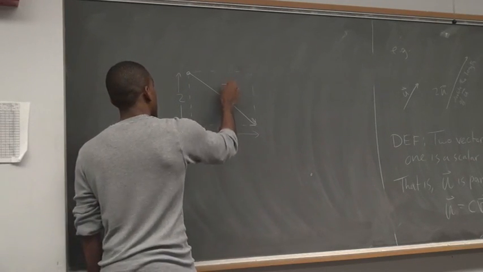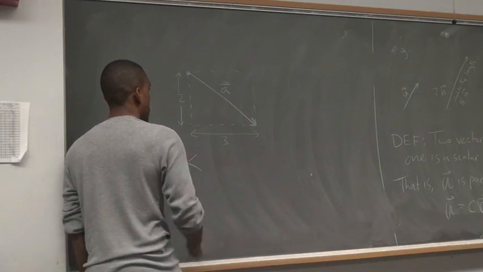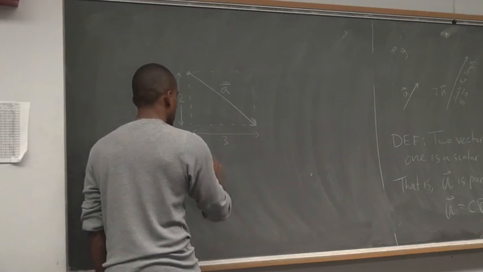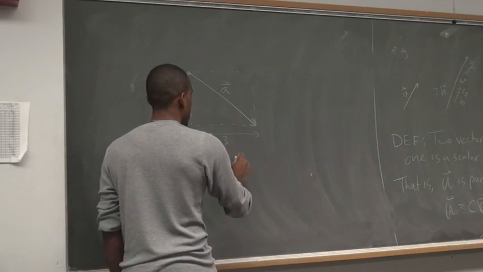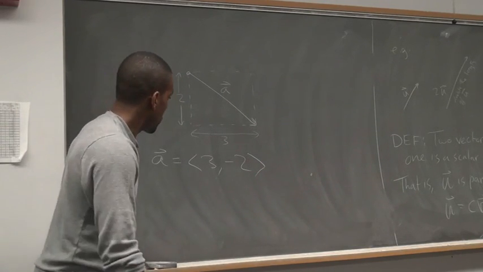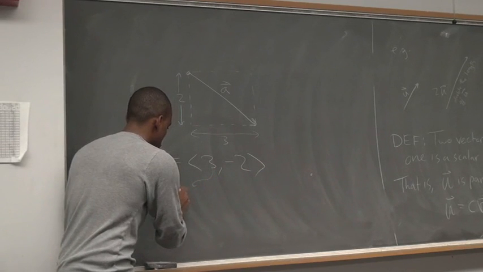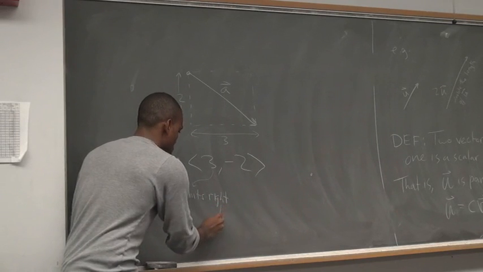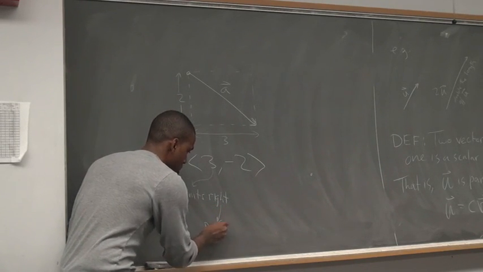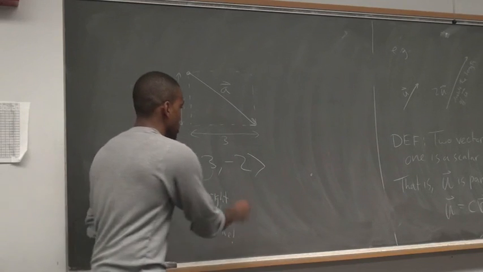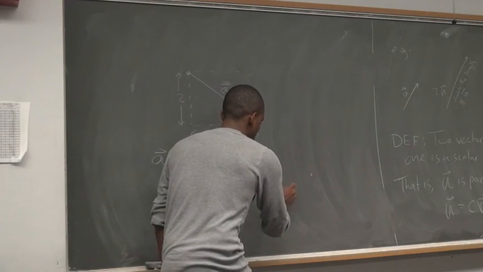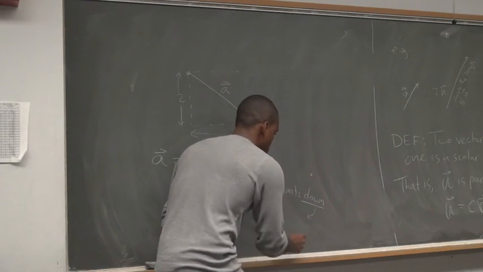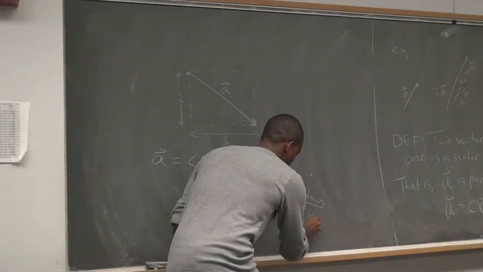And this vector here, I can call it, it moves 3 in the horizontal direction, and I would say it moves -2 in the vertical direction. So this says 3 units right. Right is the positive direction as far as x is concerned. This says 2 units down. And as far as y is concerned, down is the negative direction.